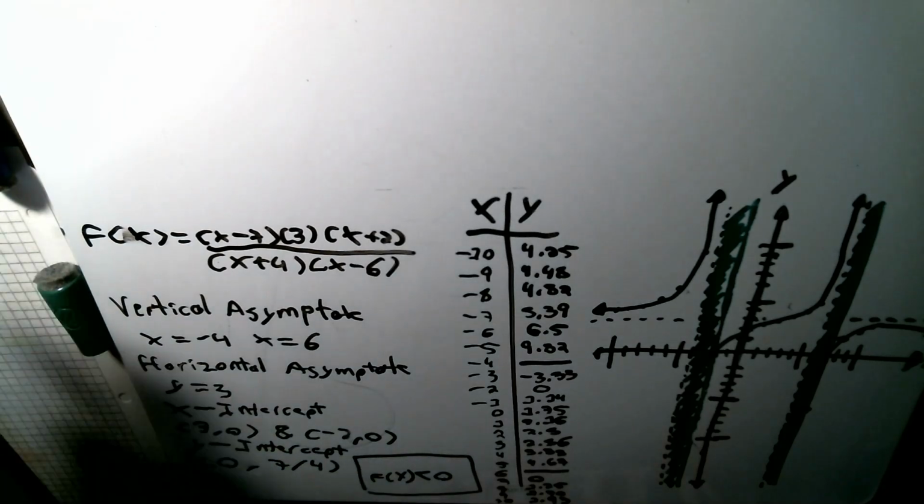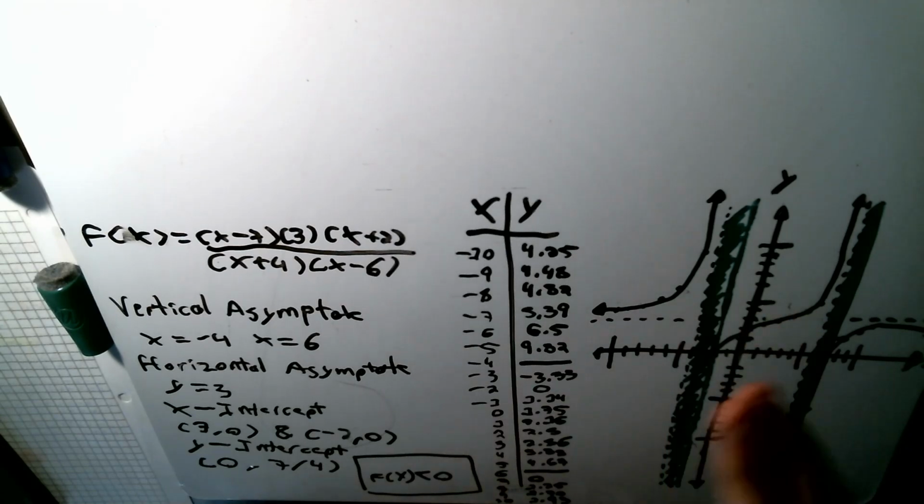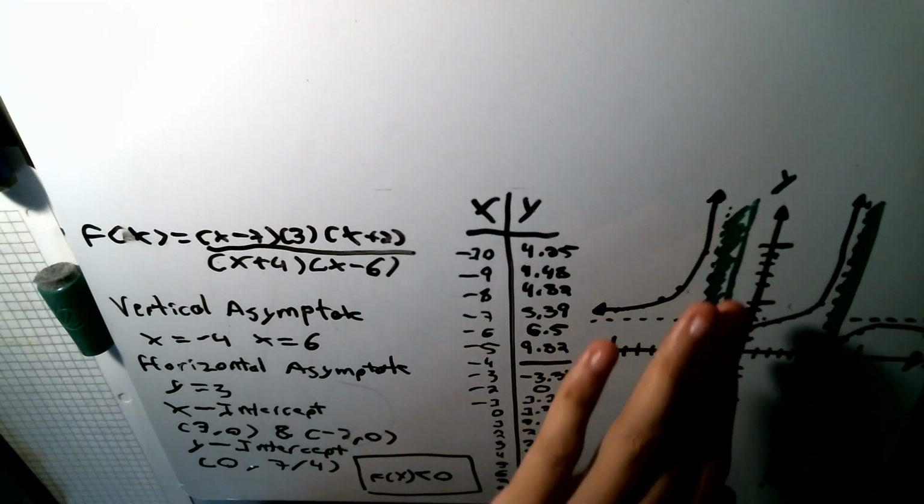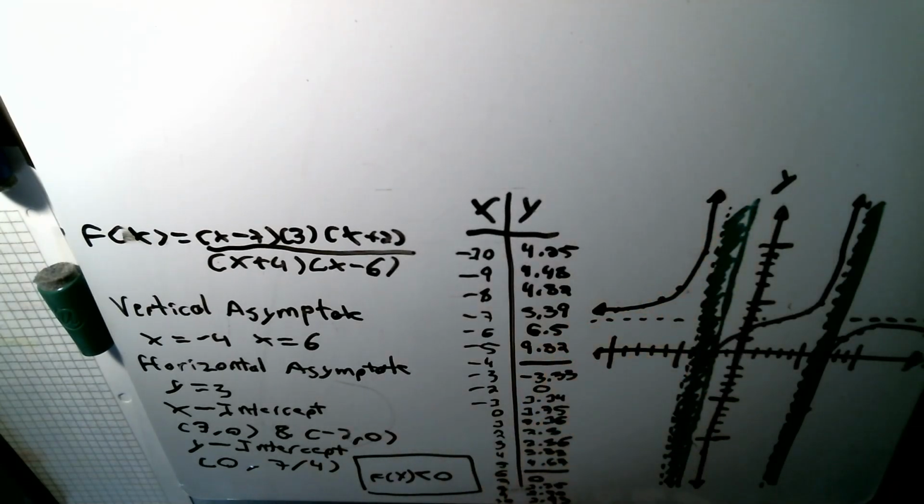Okay, so there we have it. Those two green sections are the areas that are between the vertical asymptotes. The area between the x-intercept minus 2, 0 and the vertical asymptote x equals minus 4 is this one on the left side, and the area between the x-intercept 7, 0 and the asymptote x equals 6.